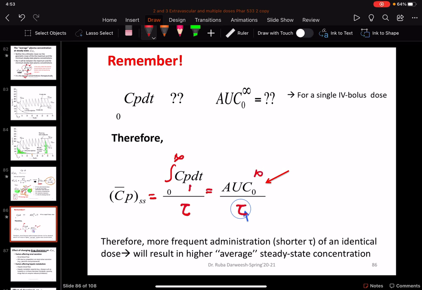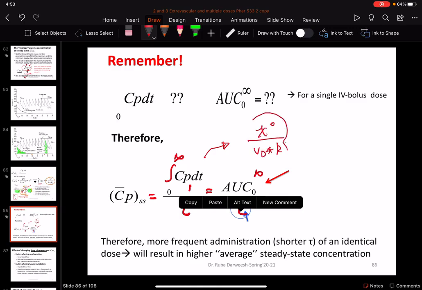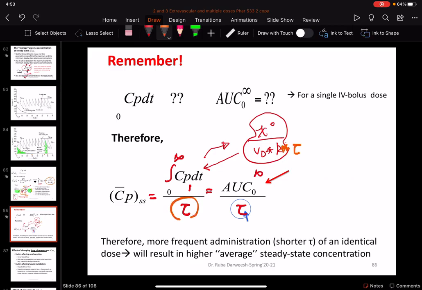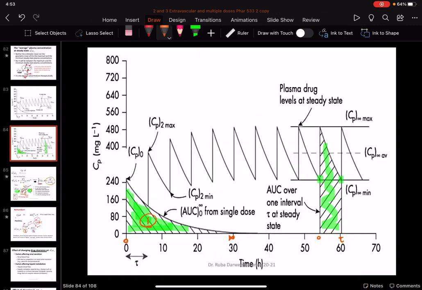Okay, again, because this is equal to X naught over VD multiplied by K, which is this, multiplied by tau, which is this. Okay, so accordingly, again, this area under the curve is equivalent to this area under the curve.